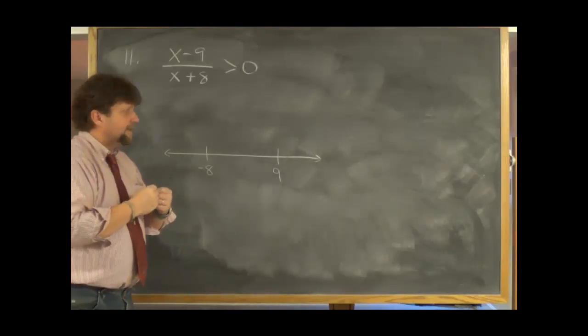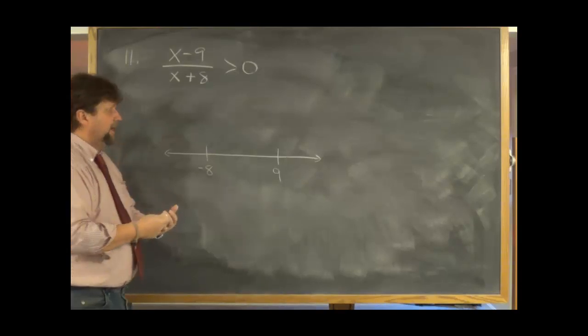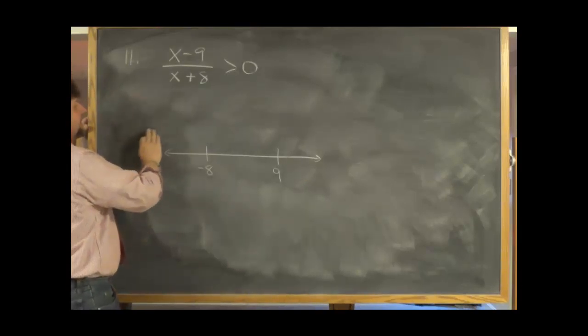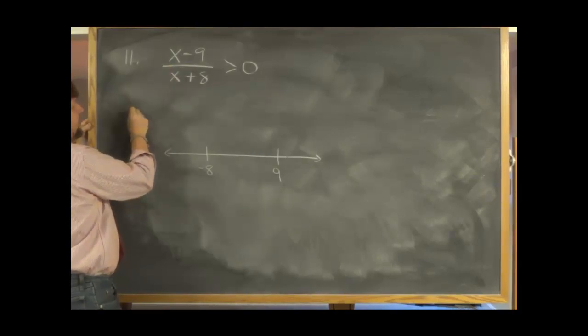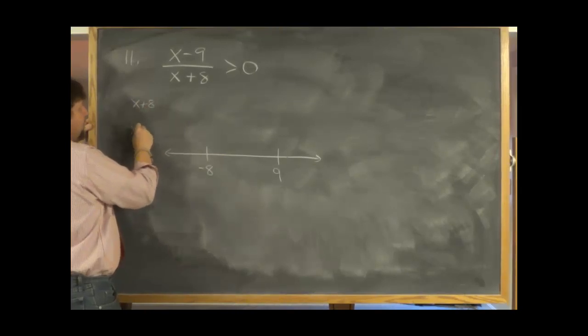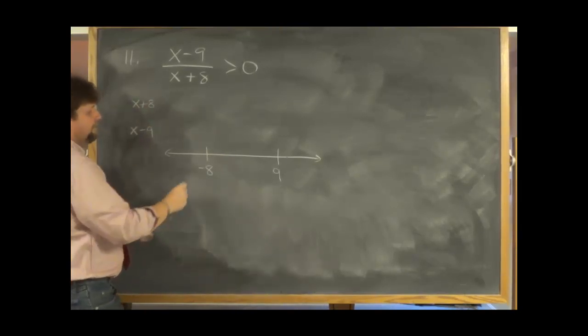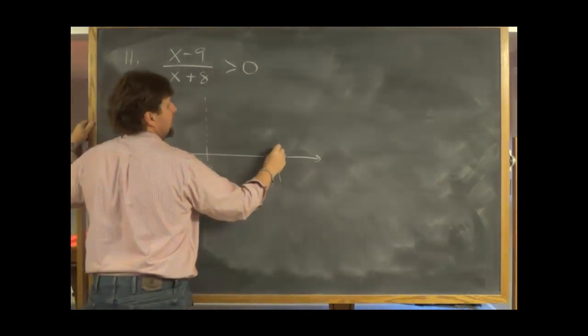Next, I just call this bookkeeping. It keeps my work neat and organized. Over here to the left, I'm going to list the numerator and the denominator. So I'm going to put x plus 8 here, x minus 9 here. And I got into the habit of making little dashed lines like this.